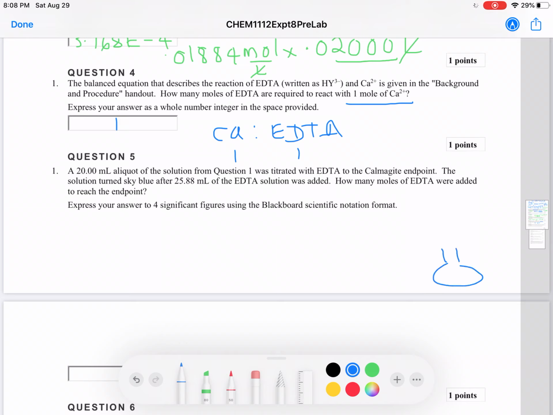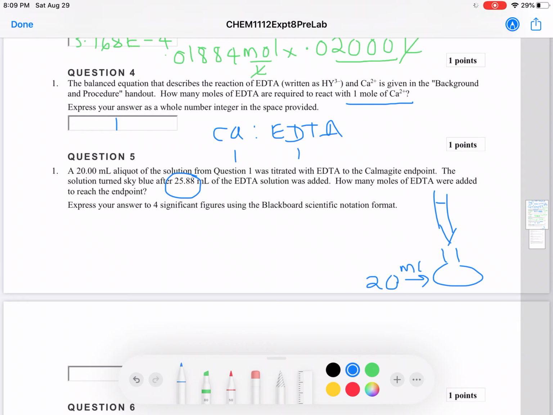So this is your flask and this is your burette that has EDTA. From the burette, 25.88 milliliters was added, and there are 20 milliliters of water sample in the flask. It's asking how many moles of EDTA were added to reach the end point.